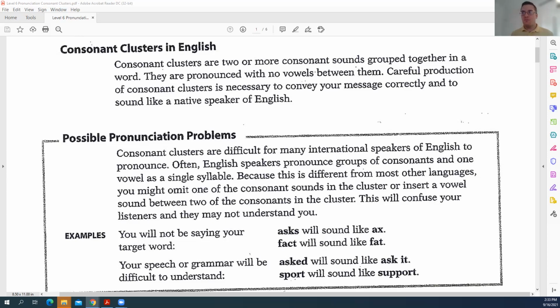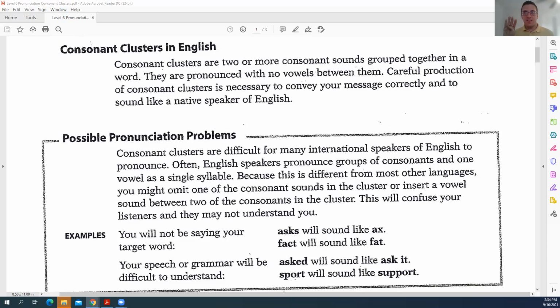For example, you will not be saying your target word. Okay? So the word asks is one syllable, one vowel, a, three consonants. You have a, s, k, s, right?